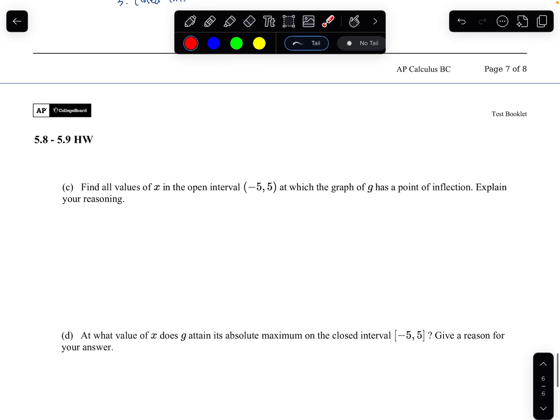So yeah. All right, C, find all values of x in the open interval from -5 to 5 at which the graph of G has a point of inflection. Explain.